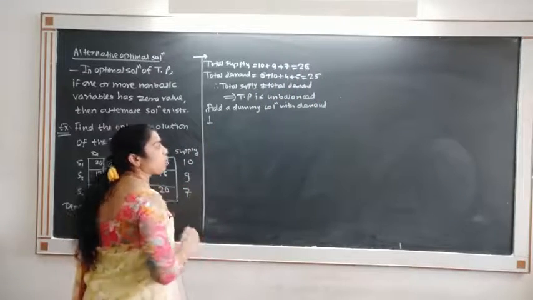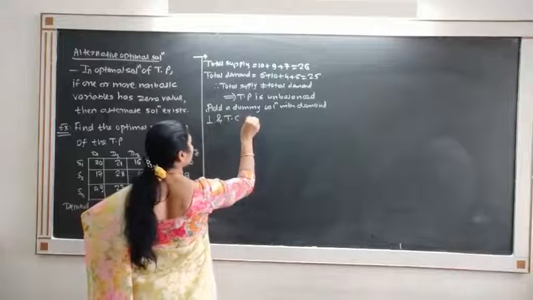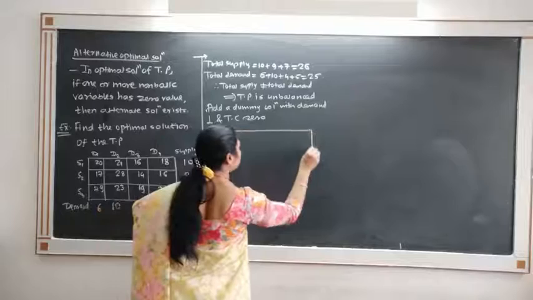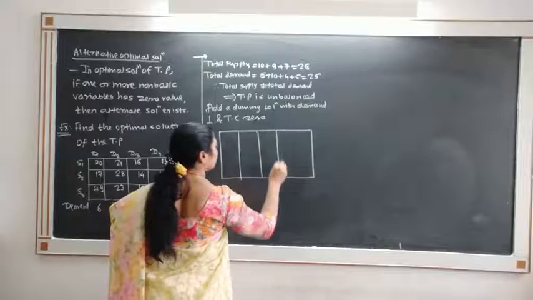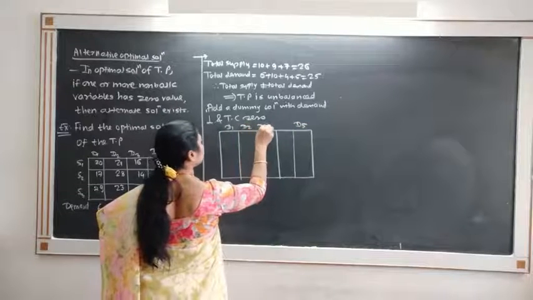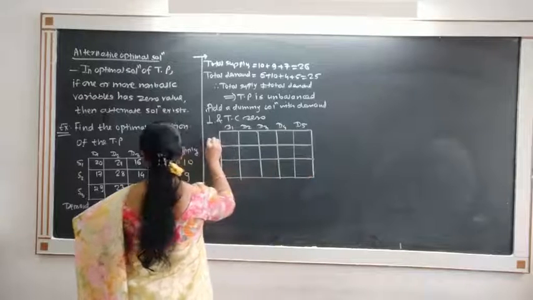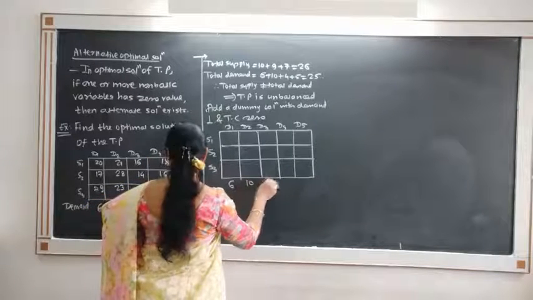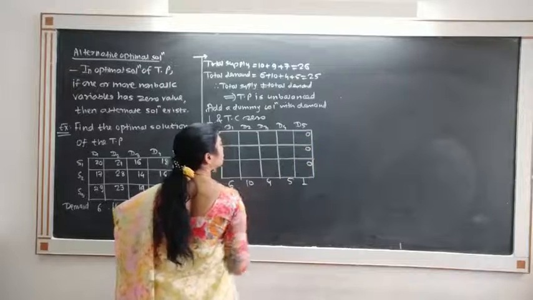So, we add a dummy column, destination D5, with demand 1 and transportation cost assumed to be 0.